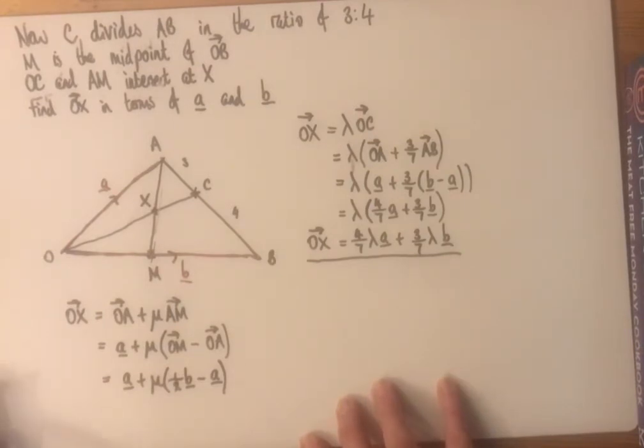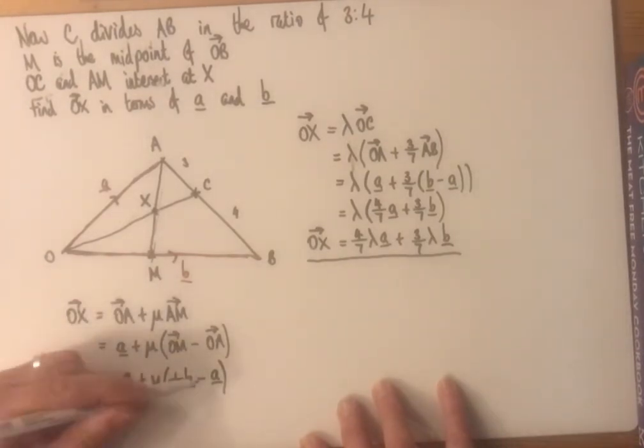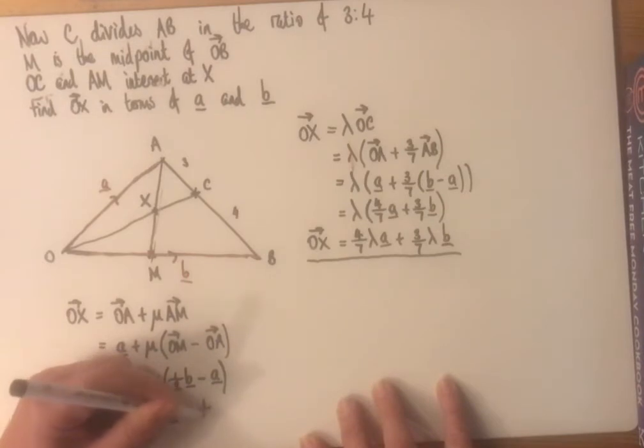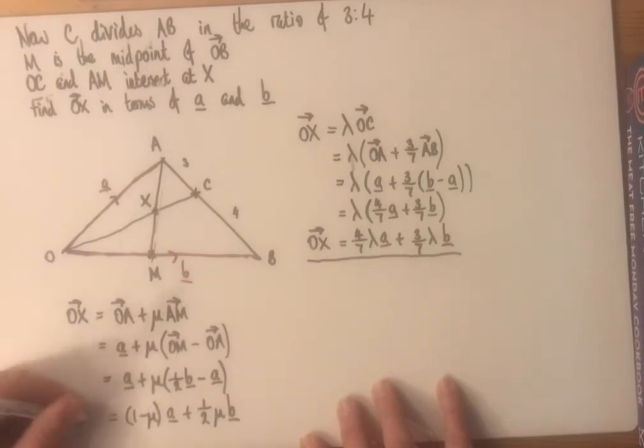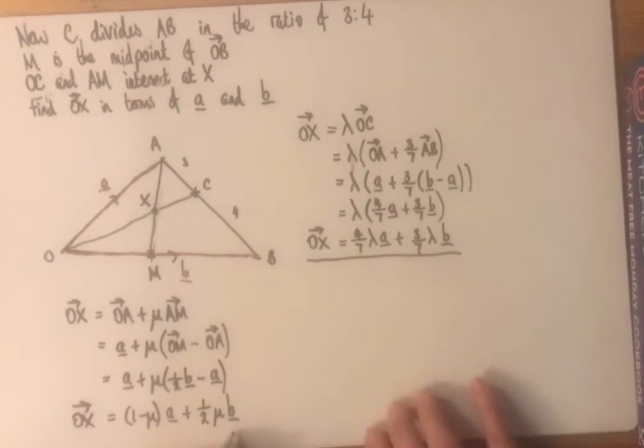And then tidying that lot up, I've got a minus mu a, which will give me 1 minus mu lots of a, plus a half mu b. And that's a different way of getting from the origin to X.